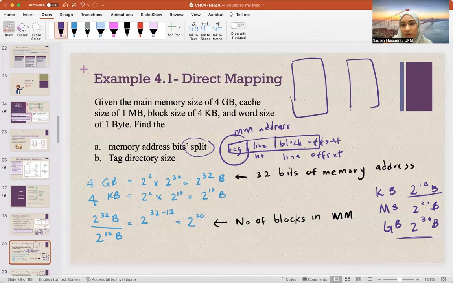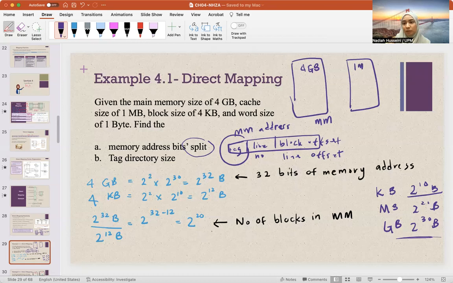So the main memory over here, we know that it is 4 GB, right? Okay, never mind the caption. 4 GB for the main memory, and then we have the cache size of 1 megabyte.